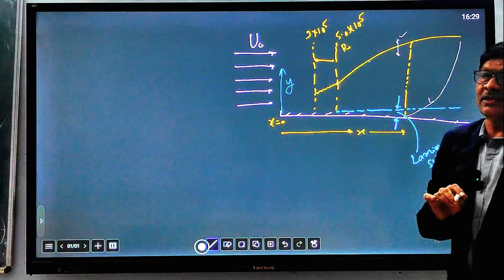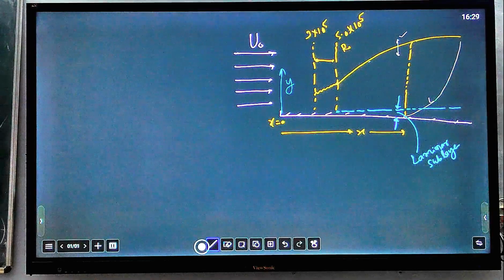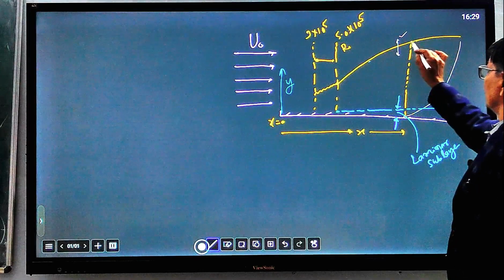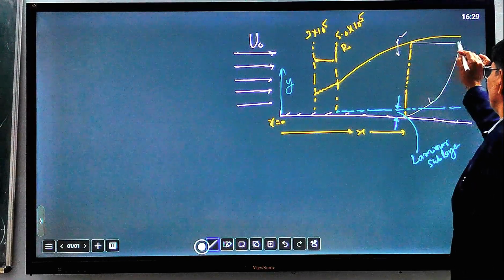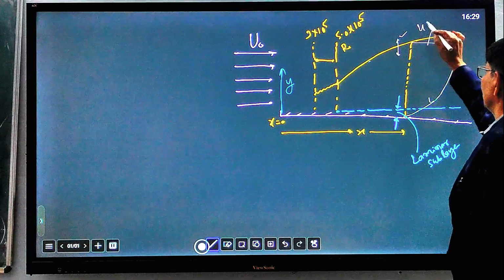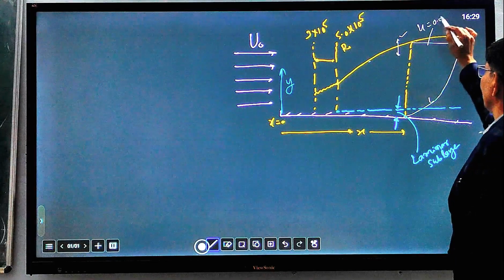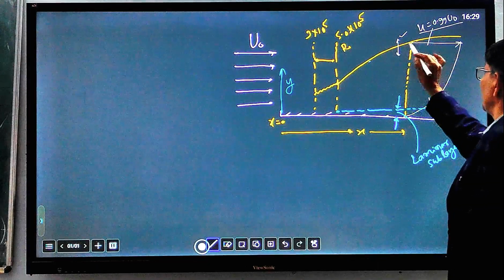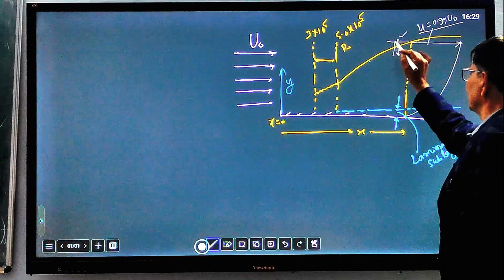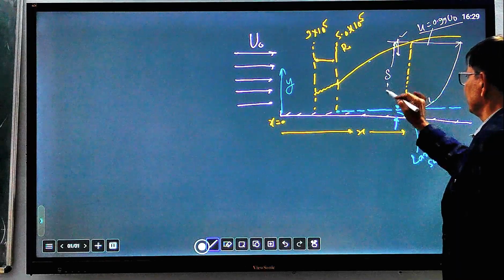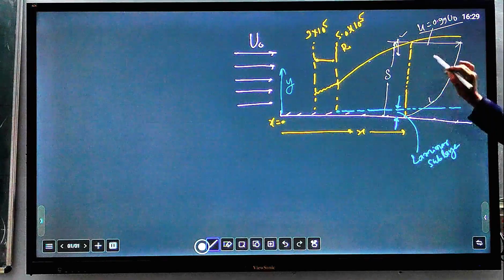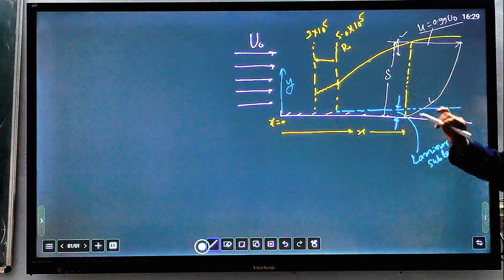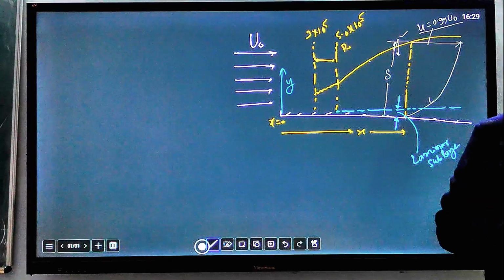So how can we say what maximum velocity is equivalent to free stream? Here we define that up to this point, suppose at this distance the velocity becomes u. When u becomes 0.99 of the free stream velocity, then we say it is the boundary layer thickness. We define boundary layer thickness as the distance at which the velocity, at distance x from the leading edge, reaches 99% of the free stream velocity.